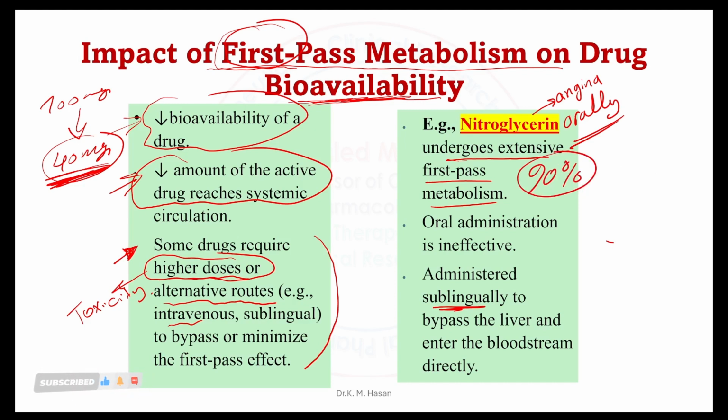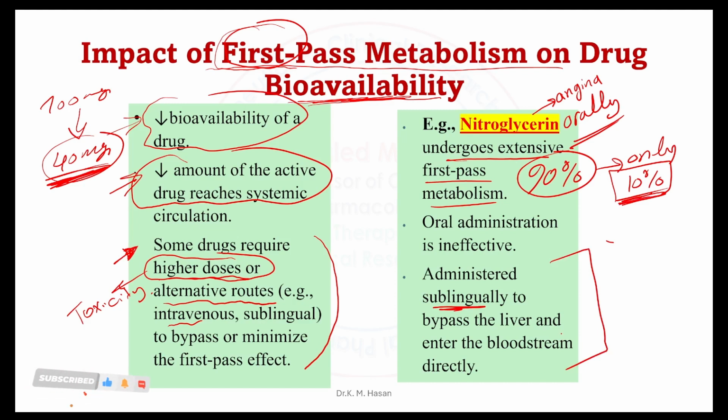In this case, we are going to have only 10% arriving to the circulation, and the absolute amount of nitroglycerin that arrives to the heart is not enough to treat angina or relieve chest pain. So for this reason, nitroglycerin is prescribed sublingually.